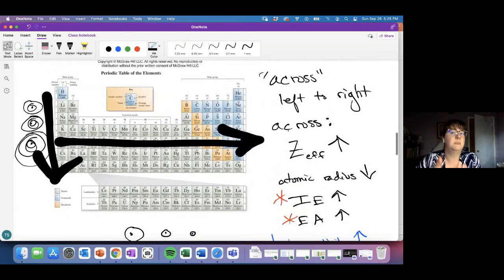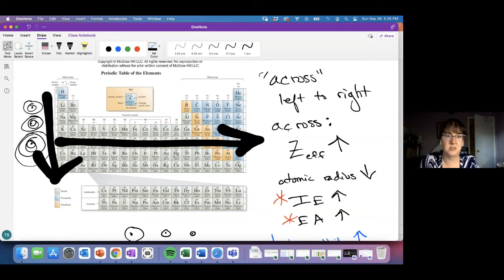As I scroll back up to the periodic table, when you're looking at the noble gases and you're asking about ionization energy, we're trying to remove an electron and we're asking how much energy is required to remove it. Well, the noble gases desperately want to keep everything they have. So the noble gas ionization energy is really high because they don't want to change.